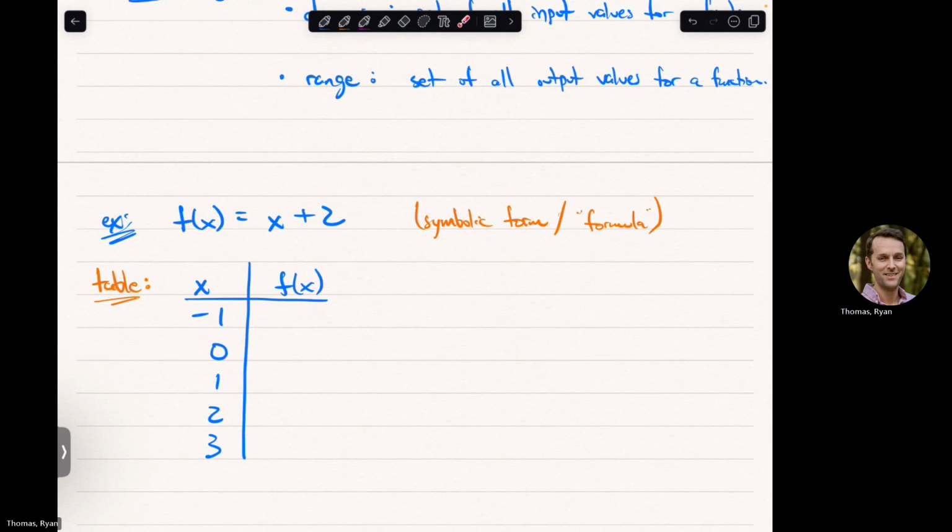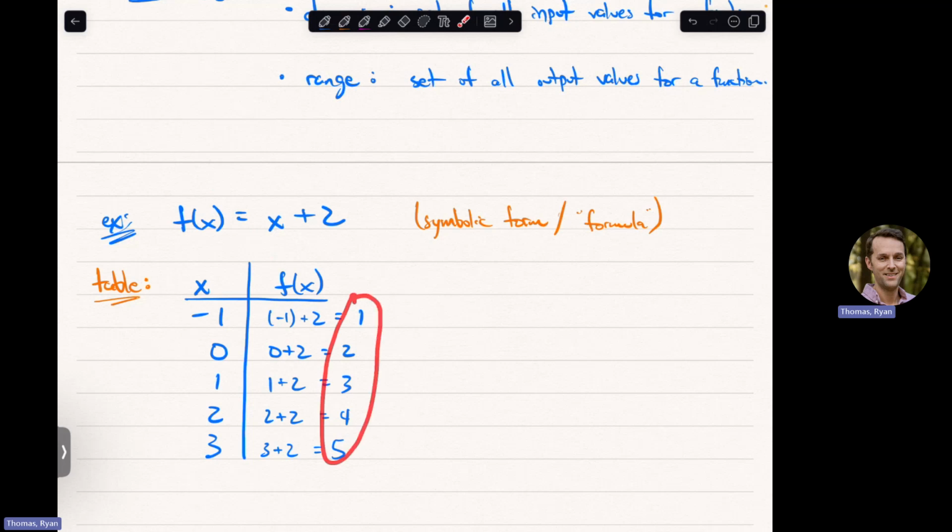Here, I'm going to evaluate this function or plug this x value in. So anywhere x shows up, I'm going to replace it with -1. And then I'm going to simplify that. So 1. 0 plus 2 is 2. 1 plus 2 is 3. And so on. This part is kind of my scratch work.